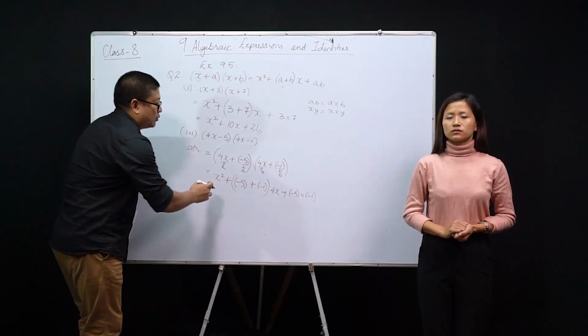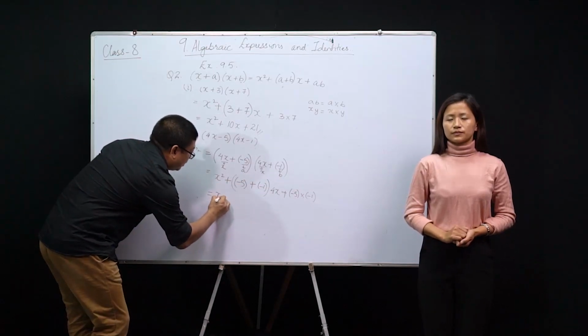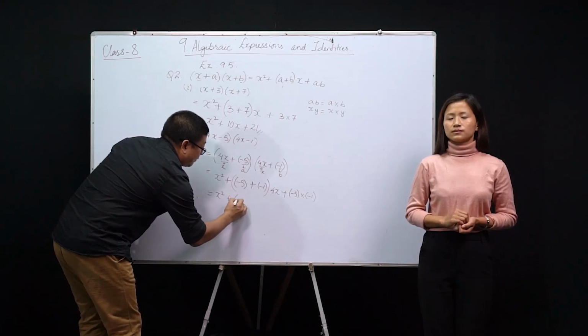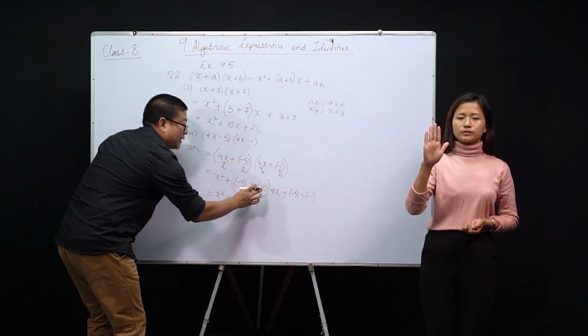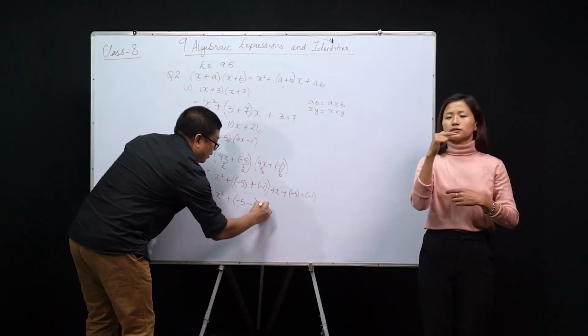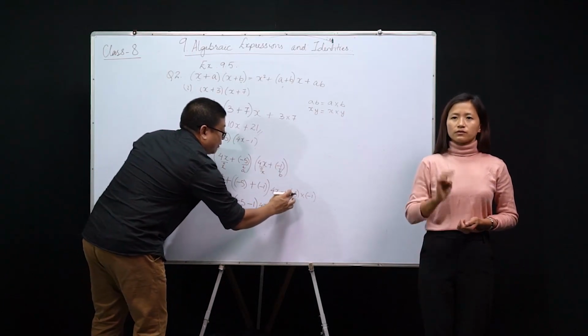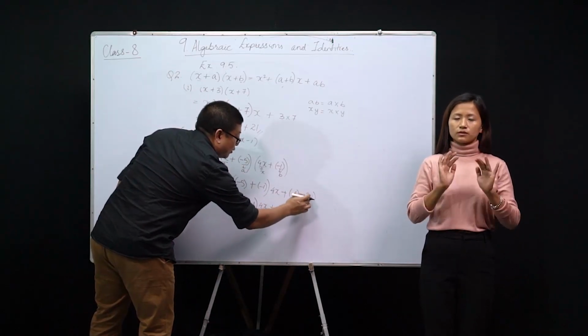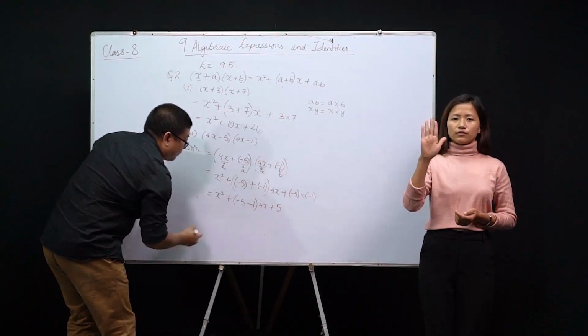All right, so this is simple calculation now. This minus 5 will remain as it is, plus into minus will be minus, so minus 1, 4x plus. Minus into minus is plus, so you will keep it as it is. 5 into 1 is 5.